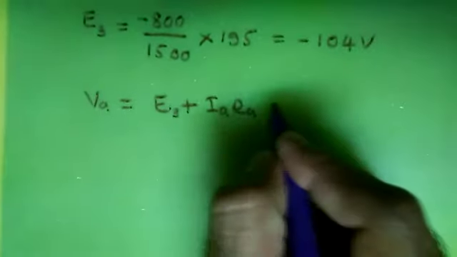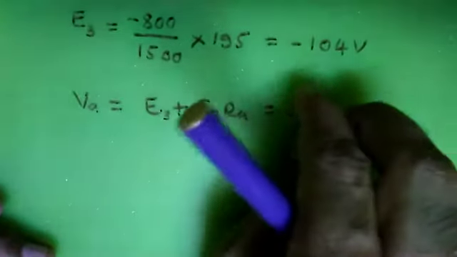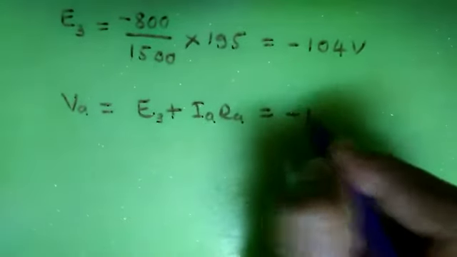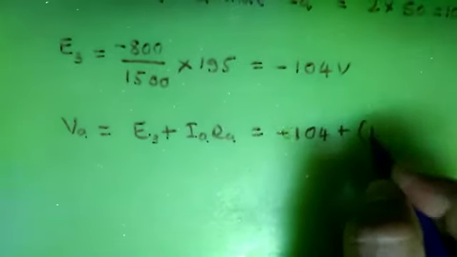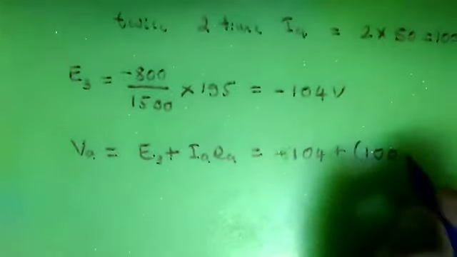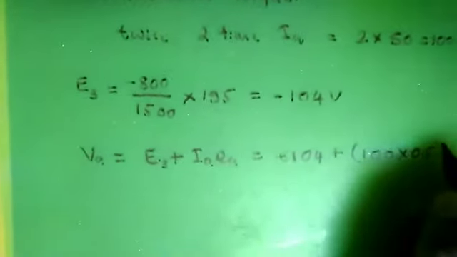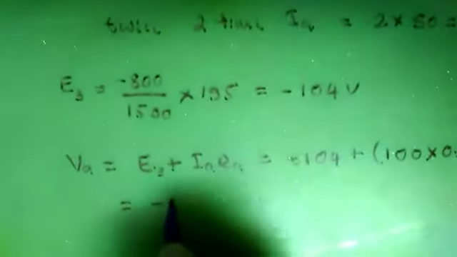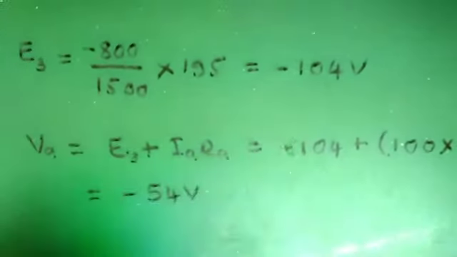IRA is equal to minus 104 plus, here I am taking IA as 100, into 0.5 RA, the armature resistance. So now I have calculated and got minus 54 volts.